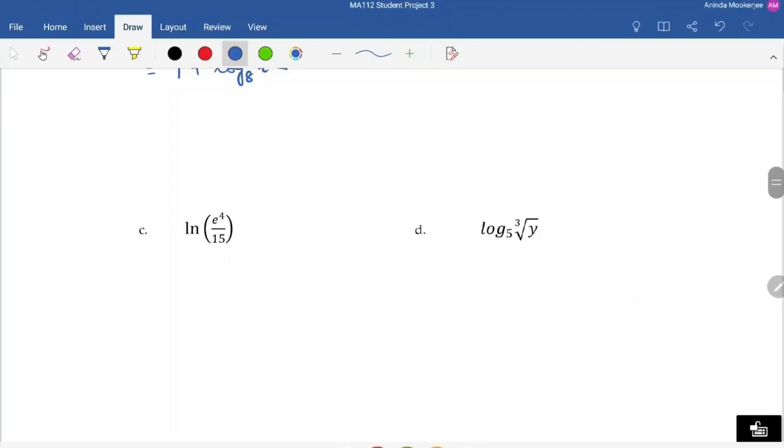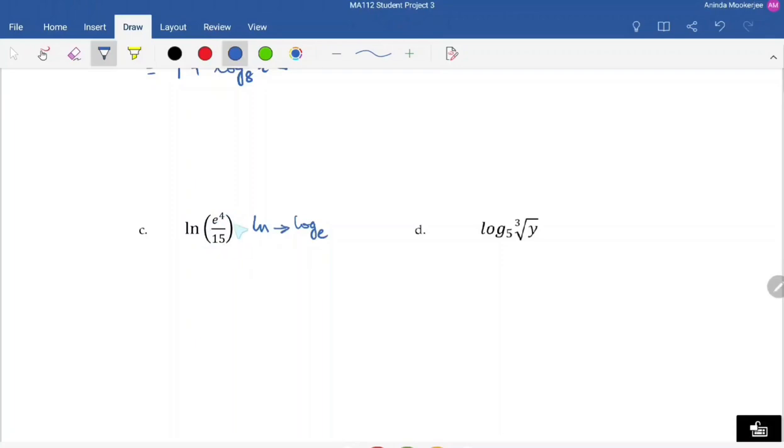What do we have for the next one? Now this is a natural logarithm, ln. What is the base of a natural logarithm? It's e, correct? So ln is the equivalent of log base e. Just remind yourself, because the base is not visible when we write it in the ln form.